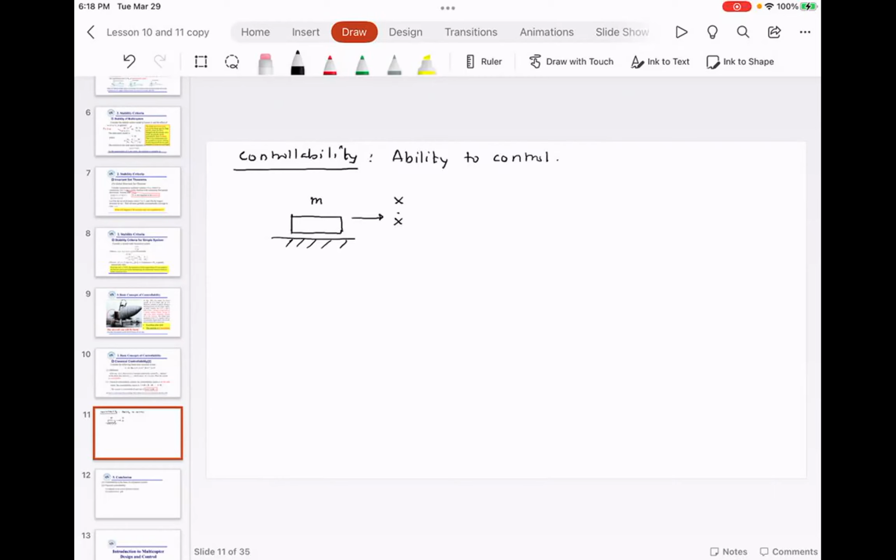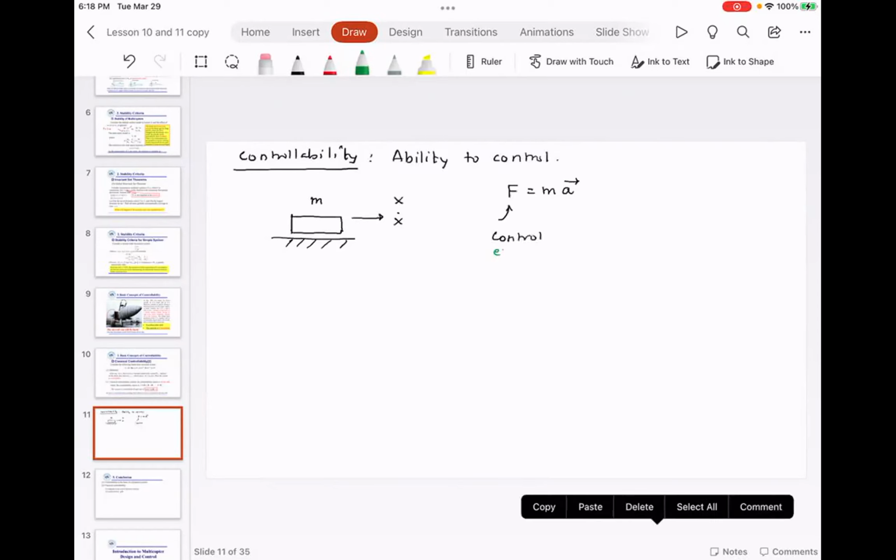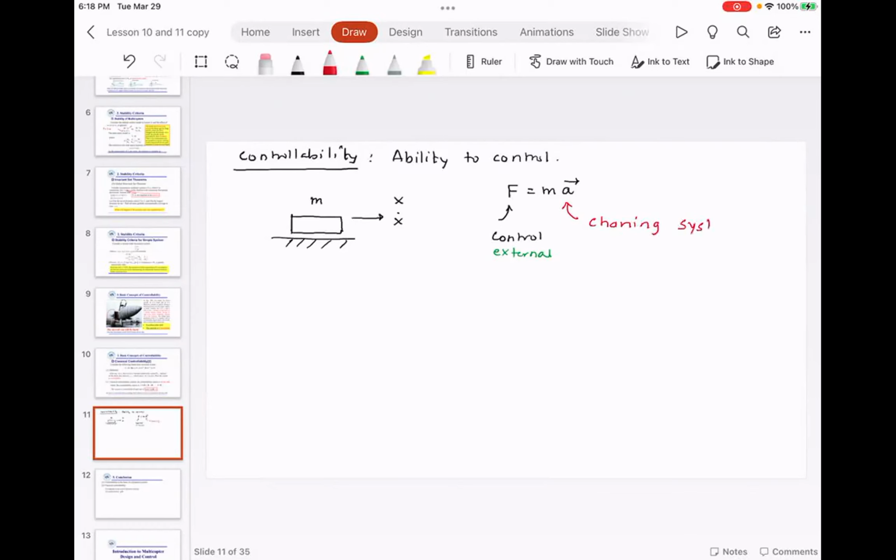If I use Newton's equation, force is equal to mass times acceleration. Force is the external control that is changing the system state. Now I'm going to write this equation down in state space.